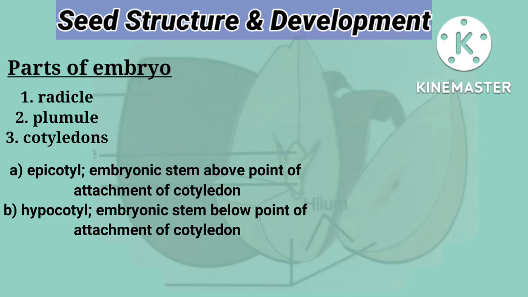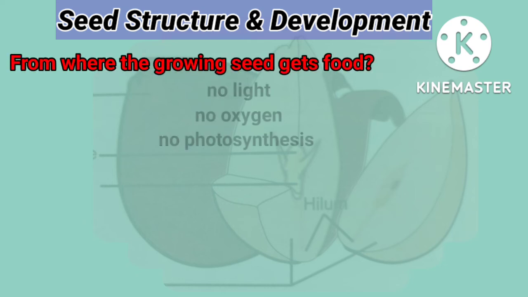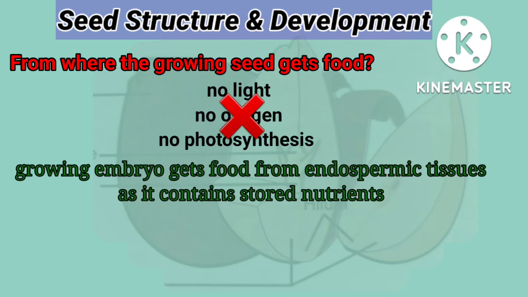Now, when there are no leaves in the seed, then how can a seed grow inside the dark soil where no light can reach, there is no oxygen, or any other condition for it to grow? So here comes the function of the endospermic tissue that developed from the endospermic nucleus. We studied in the previous topics of double fertilization that when a seed is formed, inside it the endospermic tissues are also formed, and their function is to store nutrition.